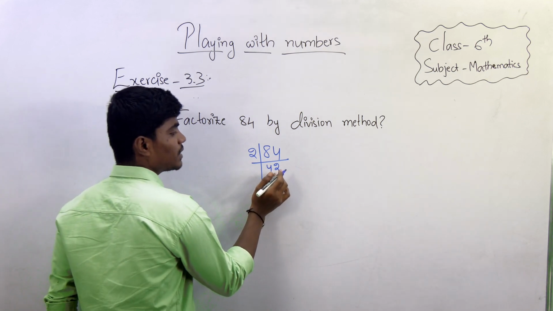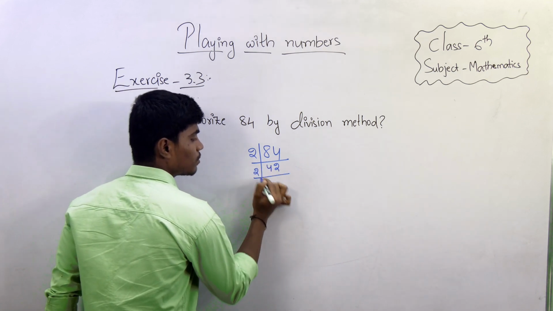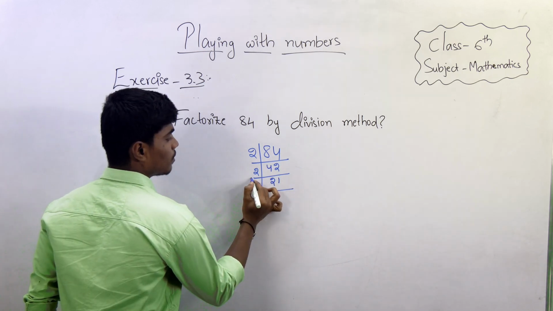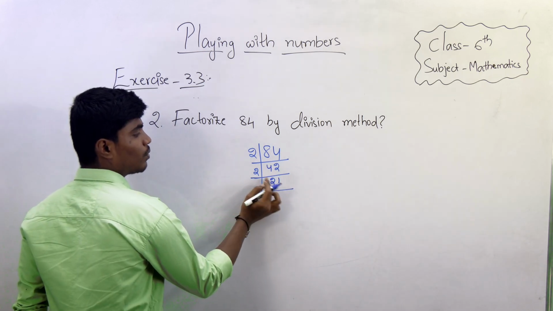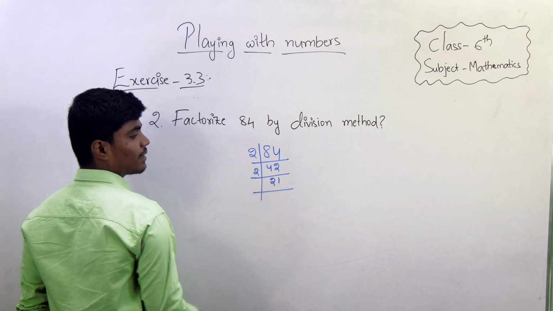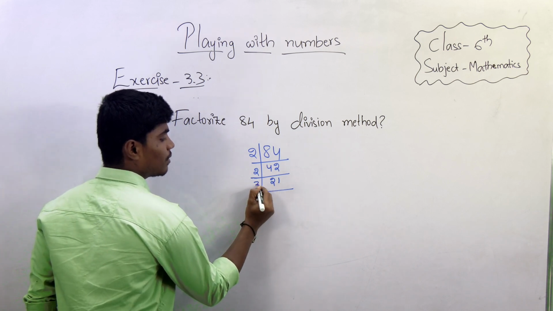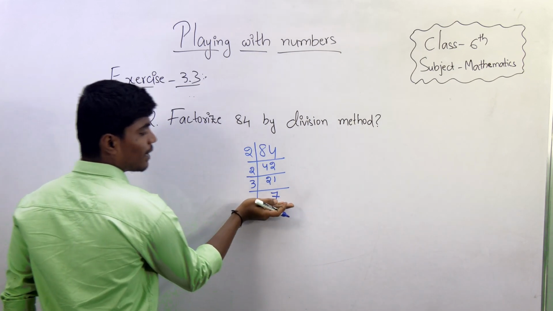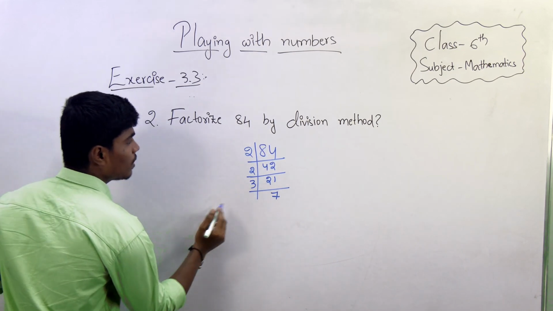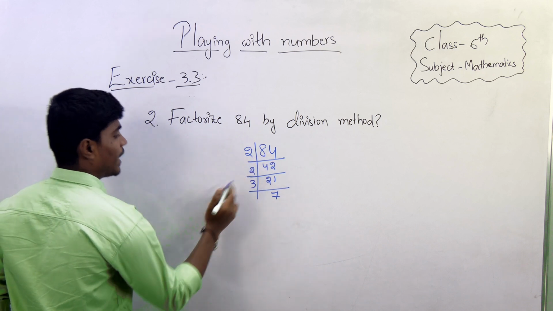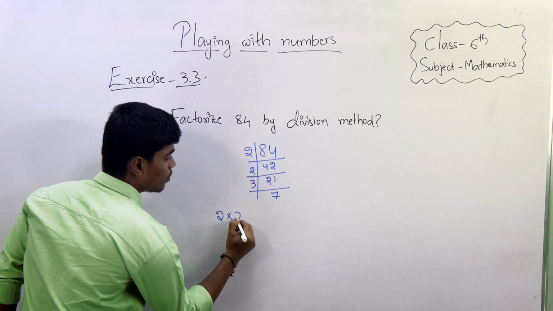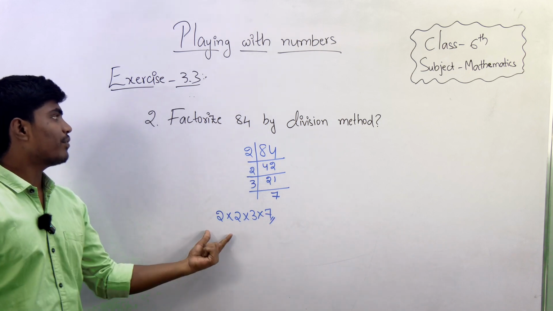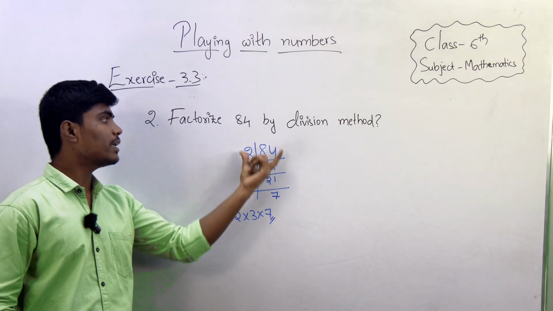Now 42 is divisible by 2 again: 2 twos are 4, 2 ones are 2, giving 21. Here 2 does not divide 21 exactly, so 3: 3 sevens are 21. Here 7 is a prime number, so the division stops. So the factorization of 84 is 2 into 2 into 3 into 7. This is the prime factorization of 84 using the division method.